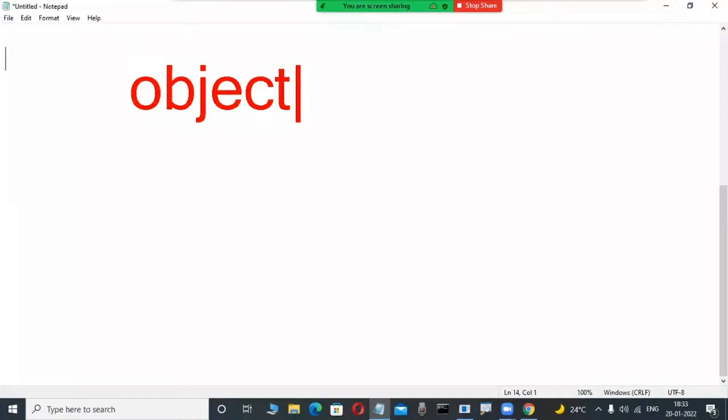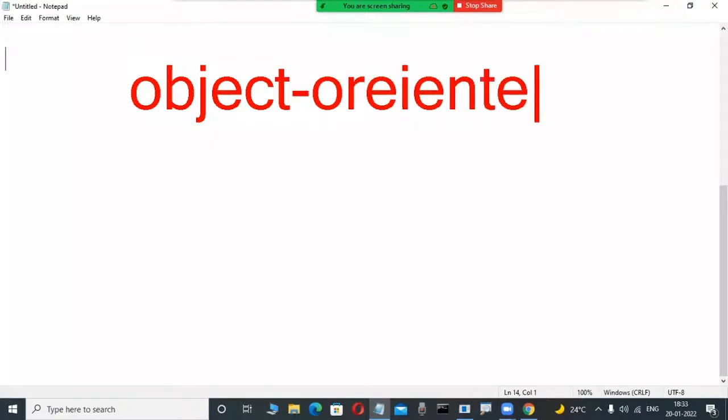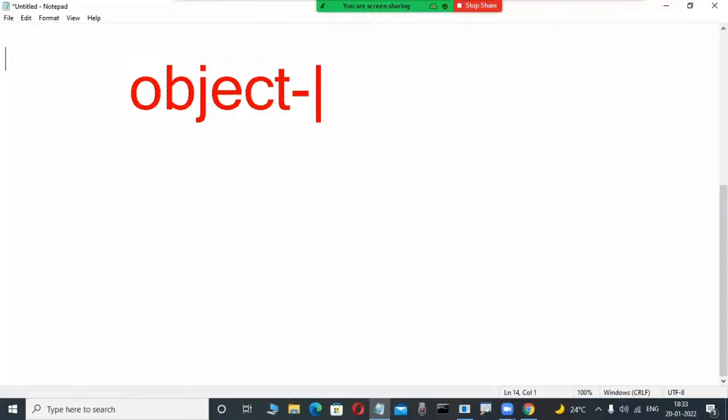Suppose there are many object-oriented languages. Maybe so many of you have an idea. Object-oriented languages exist worldwide.